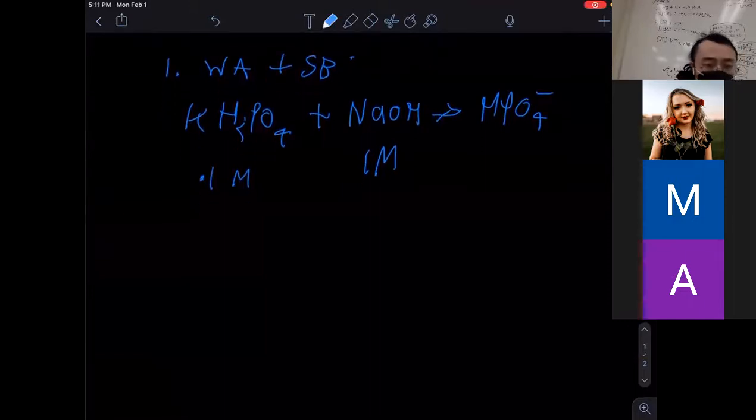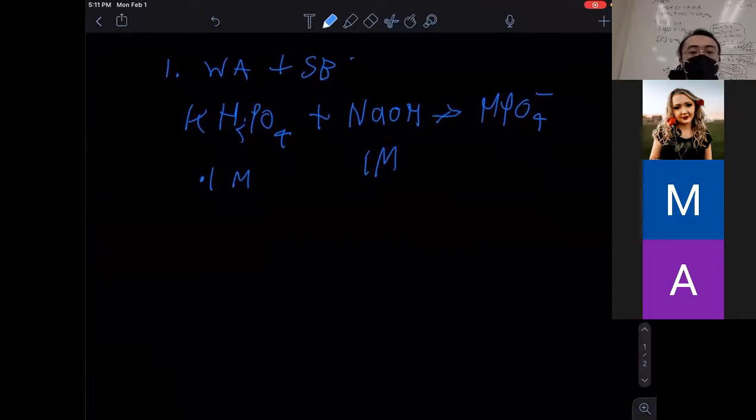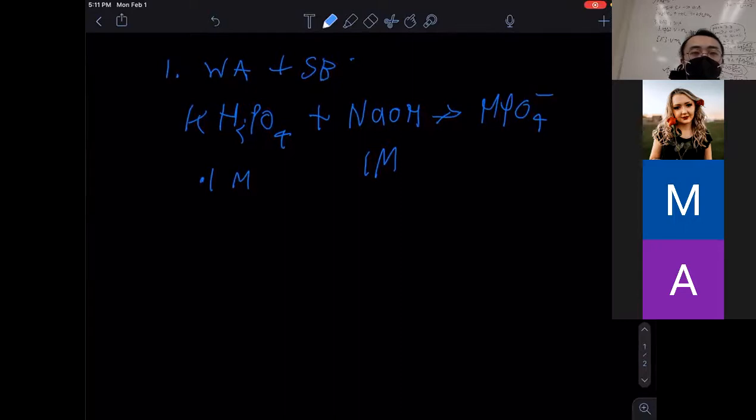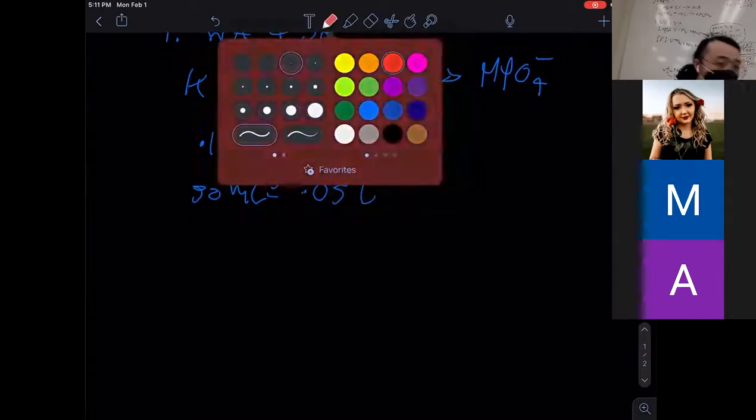Right. So I guess we figure out how many moles we have. How many liters did we say we had? 50 mL? 0.5 liter.